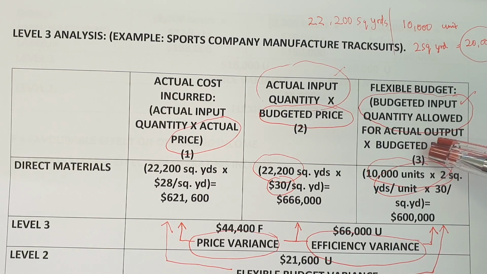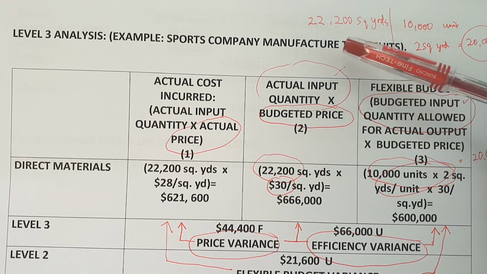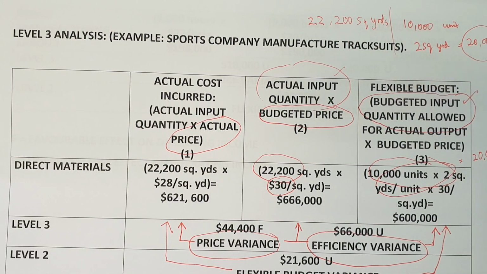Sometimes the quality of the material is low, so it is difficult for the worker to handle the material and may lead to rejection in certain cases. That's why it leads to these differences. So we have to investigate further why this situation occurred.